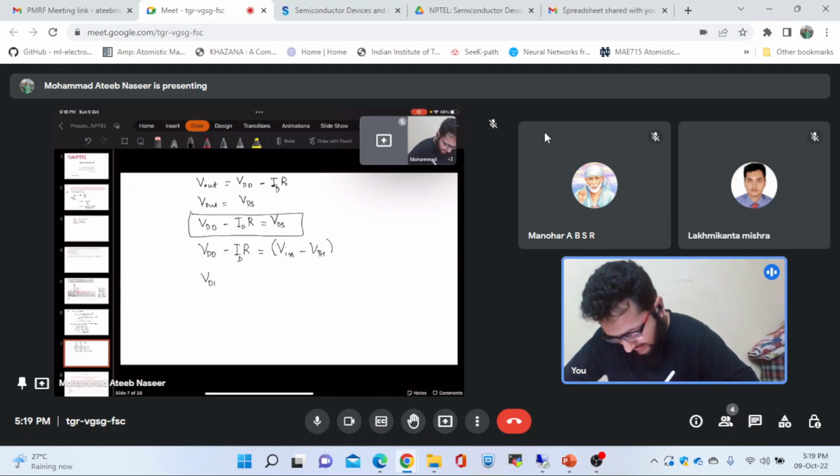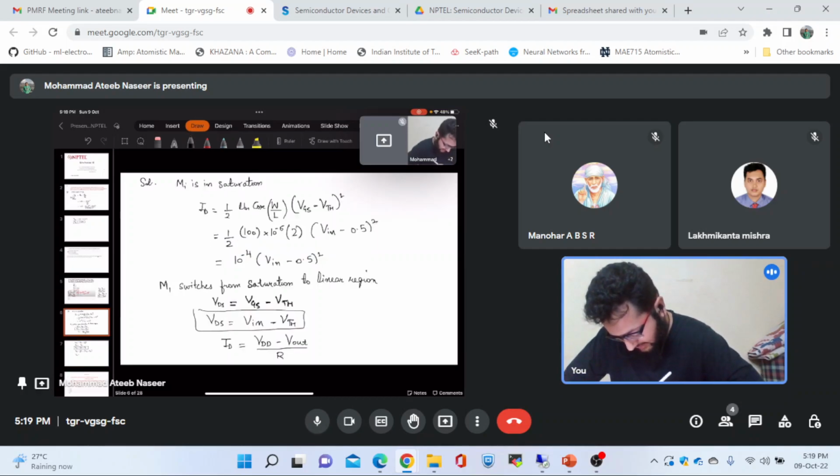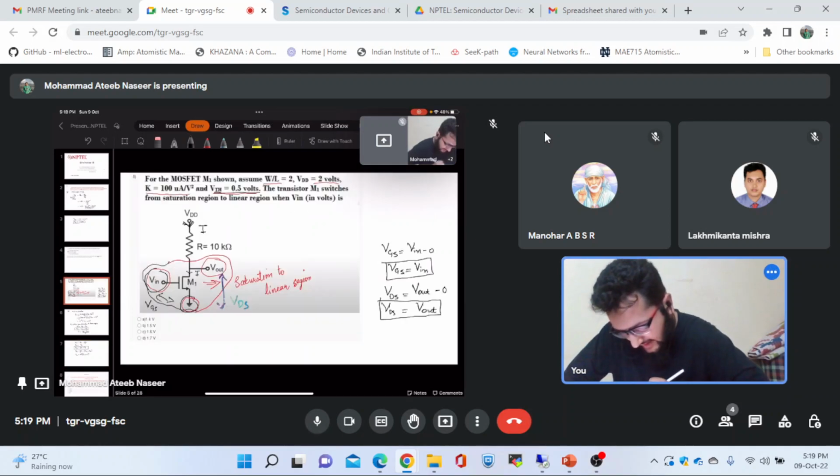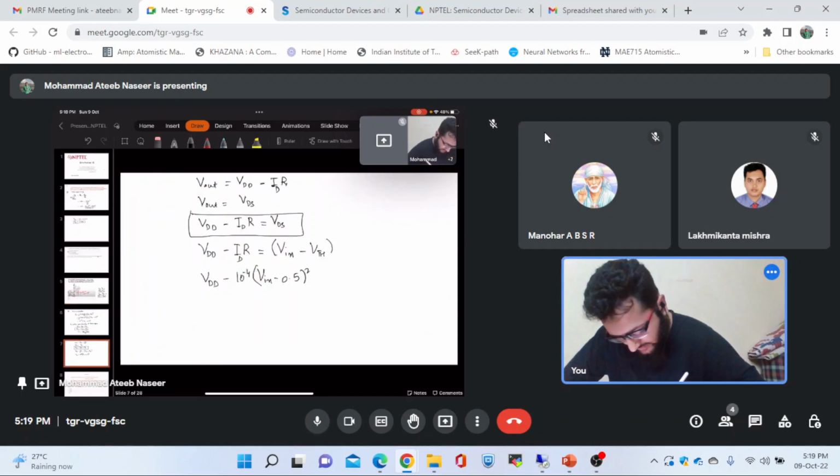We will write it as VDD minus this ID, where ID is equal to 10 to the power minus 4 times V in minus 0.5 whole squared, into this resistance. This resistance has the value of 10K, so it is 10 into 10 to the power of 3, and this is equal to V in minus VTH.